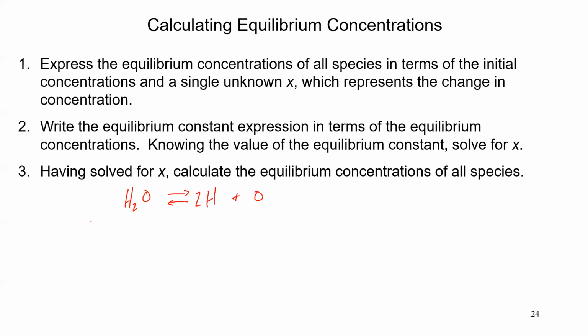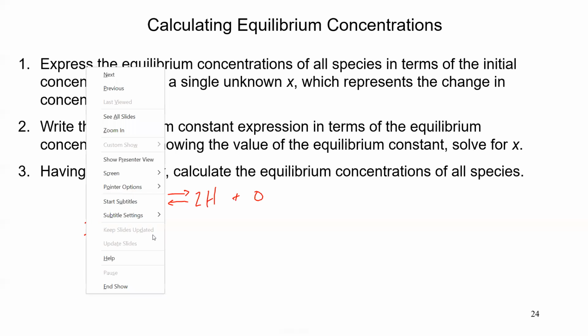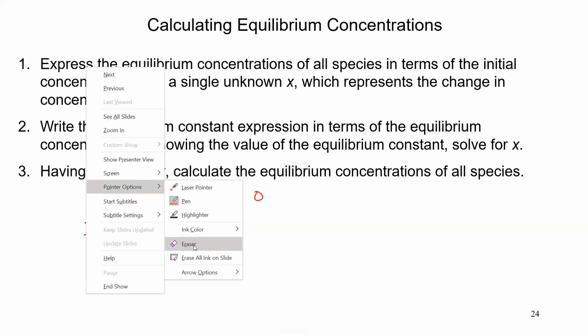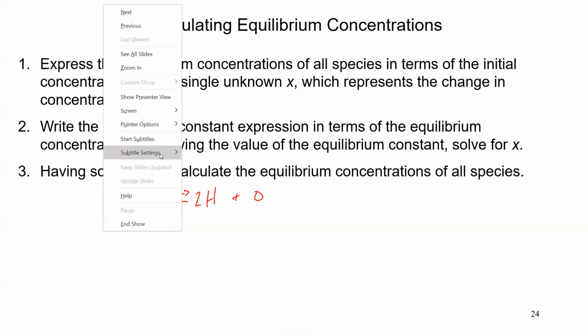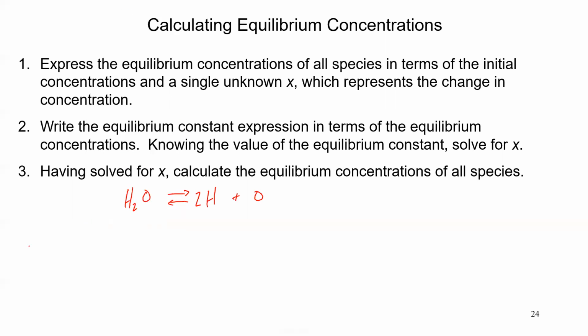And so our initial concentration of, let me write it out a bit more since this is the first time we're doing this. So we have our initial concentration. We have our change. The change will always be in terms of X. And then we have our final concentration.